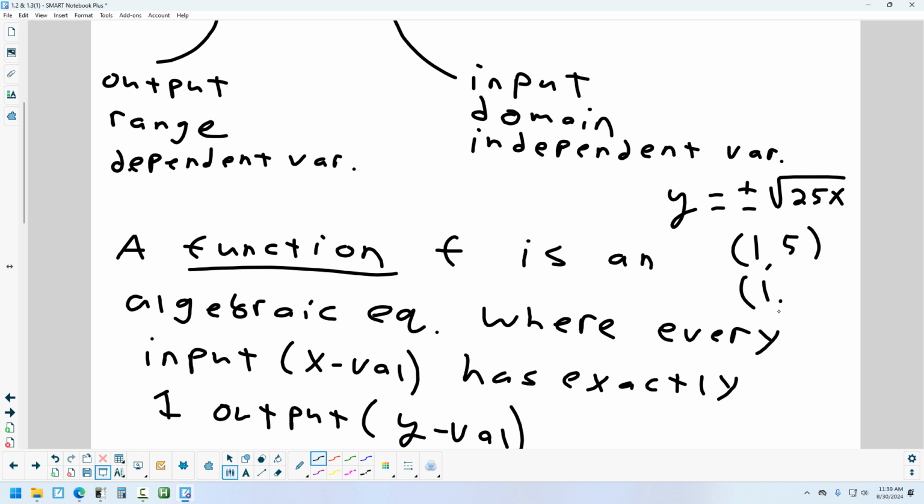And now if I plug in 1 for x, multiplied by 25, I get 25. What's the negative square root of 25? Negative 5. Okay. So that is not a function because you had an input value, 1, and it gave you 2 different outputs. You're supposed to have exactly 1 output, not 2. Okay, so that would fail the vertical line test if you drew it because it has 2 outputs. All right, so any question on that definition?